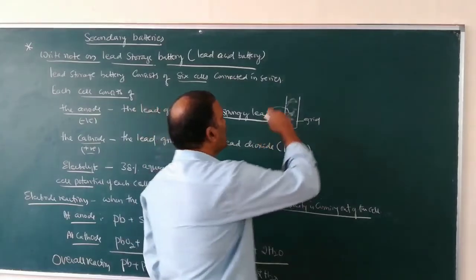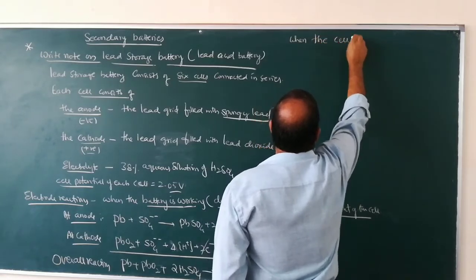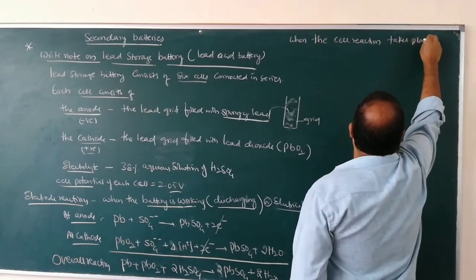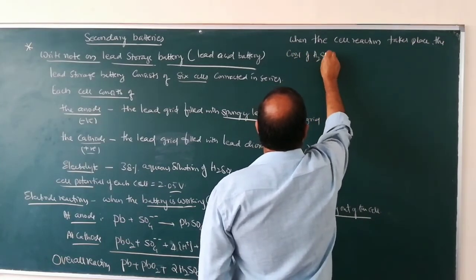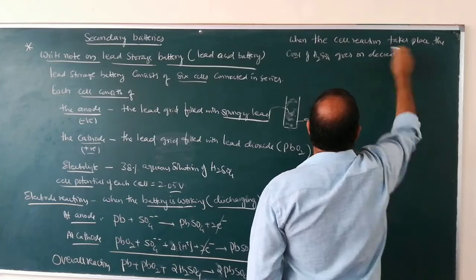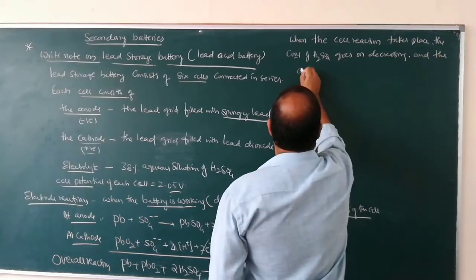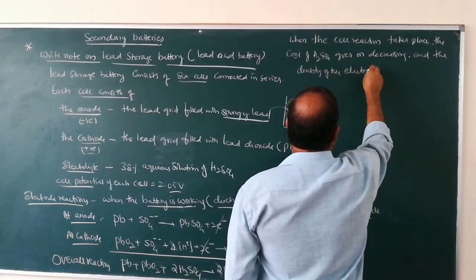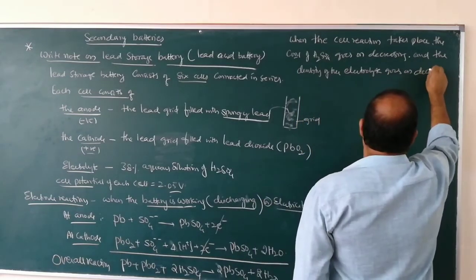So when the cell reaction takes place, write down in the next line: when the cell reaction takes place, the concentration of H2SO4 goes on decreasing, and the density of the electrolyte goes on decreasing.